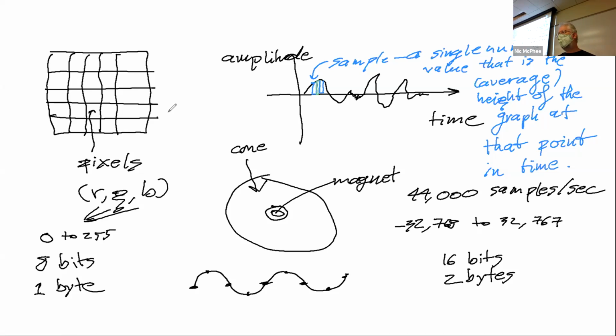It's also complicated because when you get stuff, it's not just raw pixels and raw samples. There's been some compression done. And we'll talk about movies more toward the end of the course. But one of the things they do with moving images to reduce the amount of stuff you need to store is, let's take the first frame, and instead of recording all the pixels in the second frame, they'll record the pixels that are different.